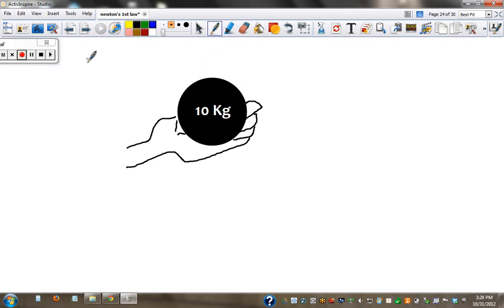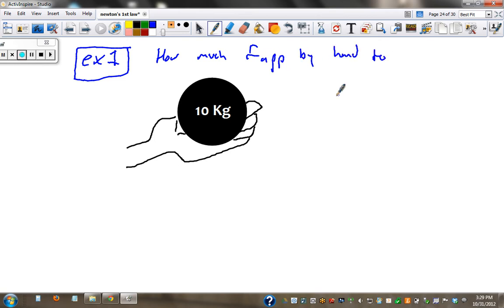Another example. This is a good example to write down. So this will be our first test-like example. How much force applied by hand to create static equilibrium? Pause, look over your notes, try to figure it out.